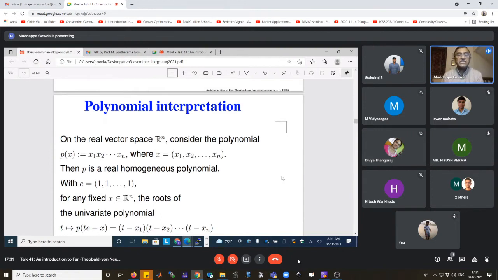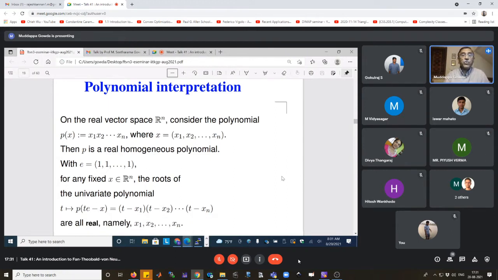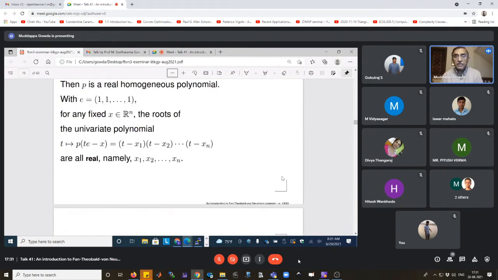Now let us take this vector e consisting of all ones. Then for any fixed x in Rn, look at the roots of the univariate polynomial. Remember, I'm fixing my x. My univariate polynomial is t, a real number, going to p of t e minus x.